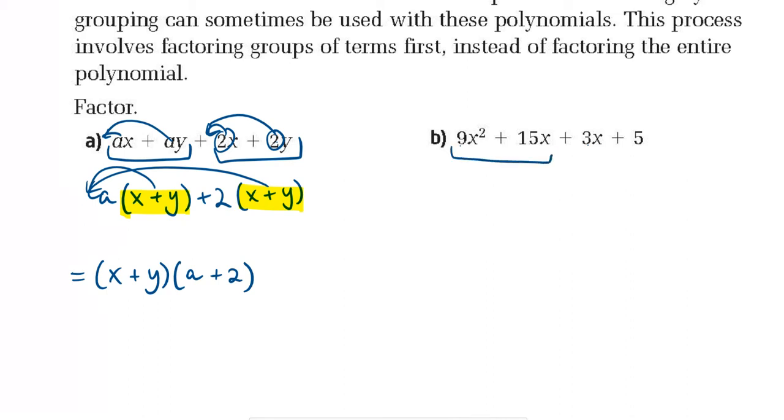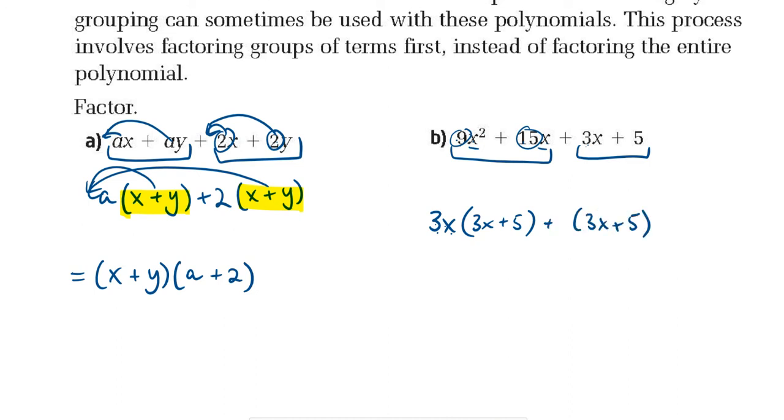Pair them up and look for a common factor. 9 and 15 have a common factor of 3, and there's at least one x, so a common factor of 3x. Create your brackets. 9x squared divided by 3x is 3x. 15x divided by 3x is positive 5. For 3x and 5, nothing else, a common factor of 1 if you want.